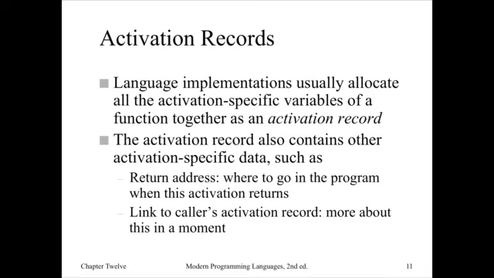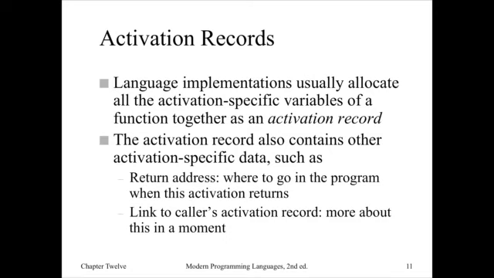So we have to talk about this notion of an activation record, and again, it ought to be pretty straightforward. Activation is when a function comes alive. So an activation record is just a data structure that is initialized when that function comes alive. We have the variables that are allocated. We run the constructor, if there's such a thing in that language, which allows us to initialize stuff.